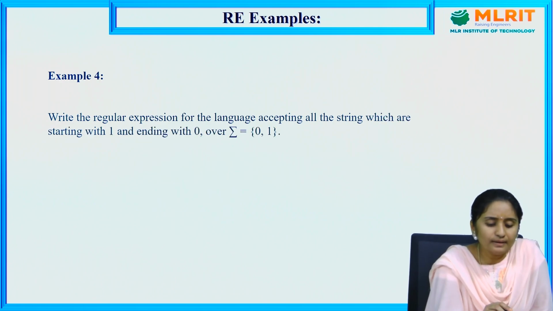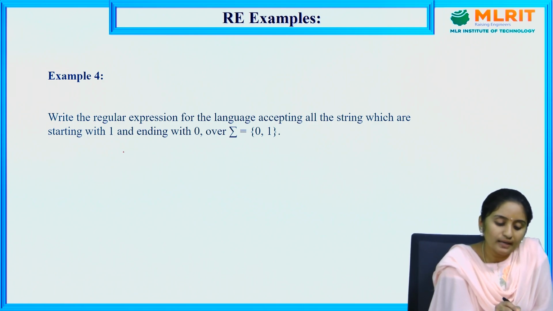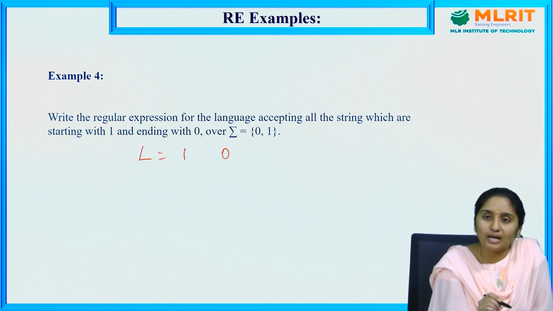Next, write the regular expression for the language accepting all the strings which are starting with 1 and ending with 0. We are going to have a language that should start with 1 and end with 0, but in the middle it's a combination of zeros and ones.